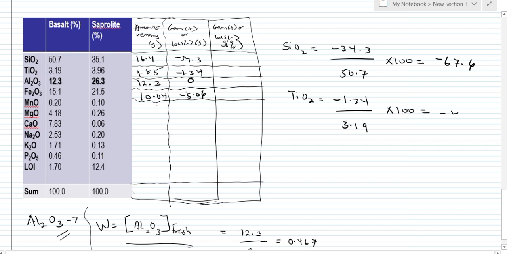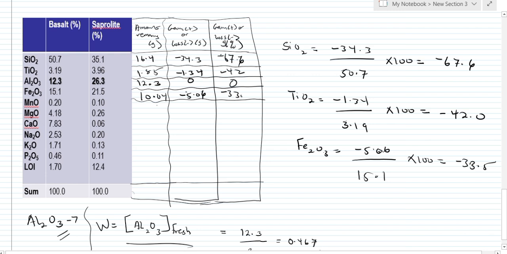Then you have minus 42.0. Let me do Fe2O3. For that, you'll have minus 5.06 divided by 15.1 times 100, and that will give minus 33.5. So here is 0, minus 67.6, minus 42, minus 33.5.